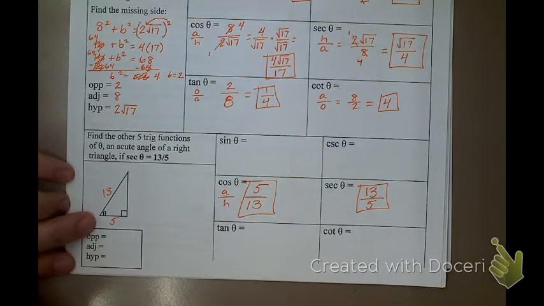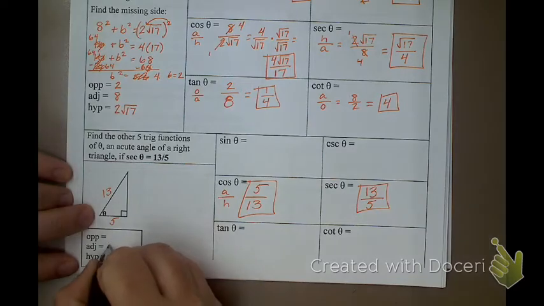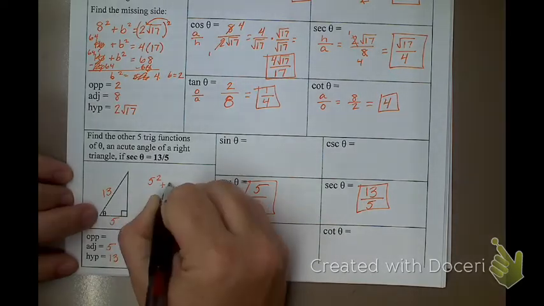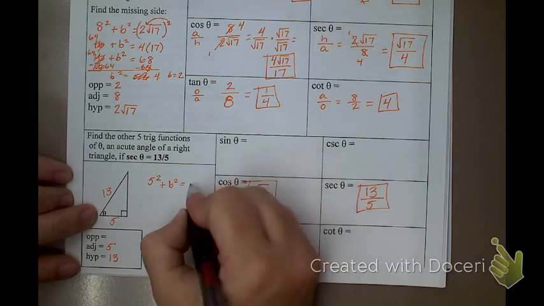How can I find that other side so that I can fill in my remaining values? Well, I can use the Pythagorean Theorem again. I know the adjacent is 5. I know the hypotenuse is 13. So 5 squared plus b squared, x squared, a squared, whatever you want to call it, we don't know it, equals 13 squared.